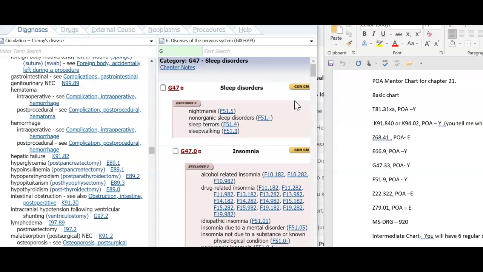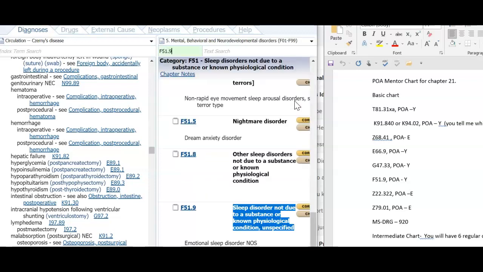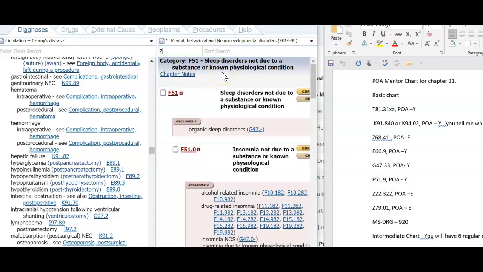Right, and then we have F51.9. Okay, that is our sleep disorder. We have two Z codes here. So you can see a lot of those things that we're not coding, even though it was their past history. Again, you want to code what's pertinent to this admission.